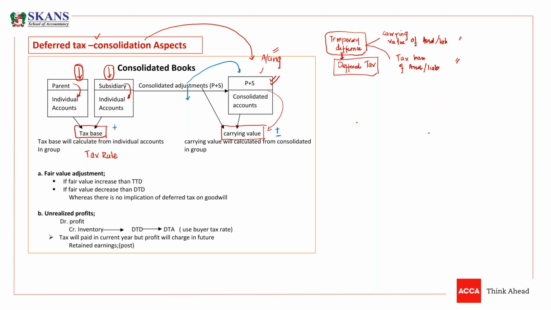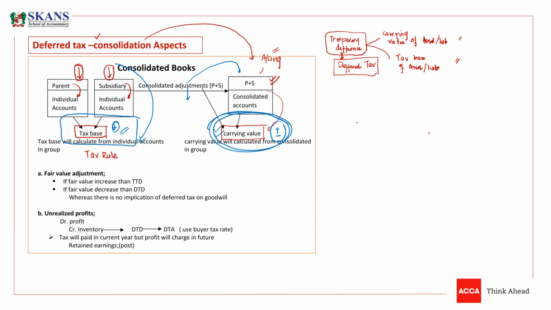The tax base will remain the same because you are making the adjustment in consolidation. So every consolidation adjustment, guys, will create a difference between carrying value and tax base. Because you are making the adjustment here, it will change the carrying value, but the tax base will remain the same because tax base will be calculated from individual books. So there would be a temporary difference in consolidation, and we need to book a deferred tax.